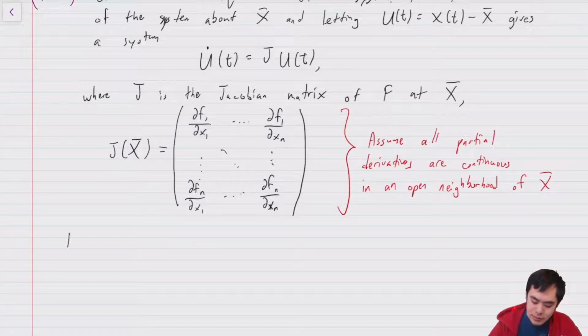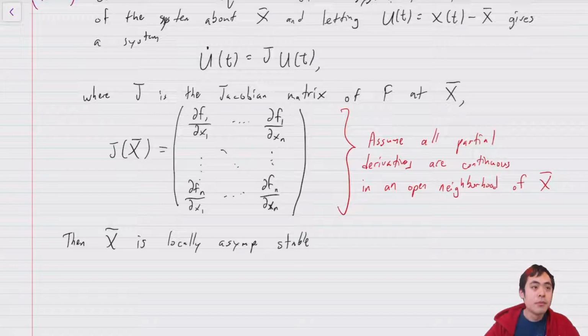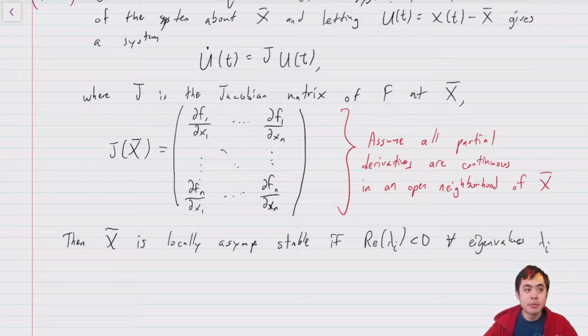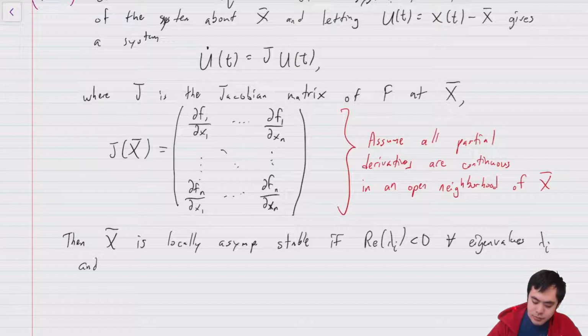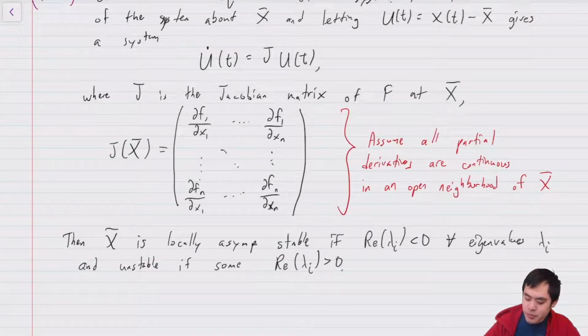So given that, x bar is locally asymptotically stable if the real parts of all the eigenvalues lambda i are less than 0, and unstable if some eigenvalue has a real part greater than 0.